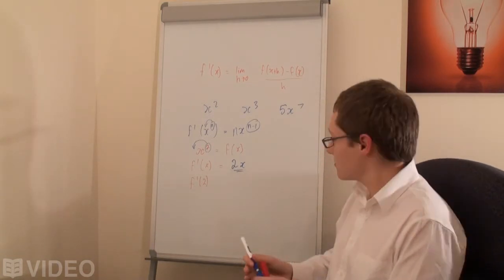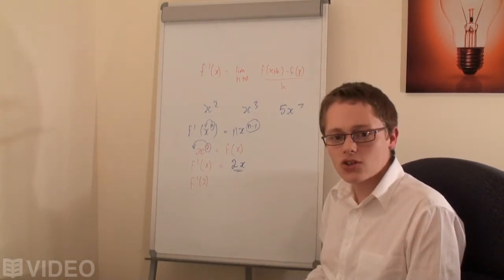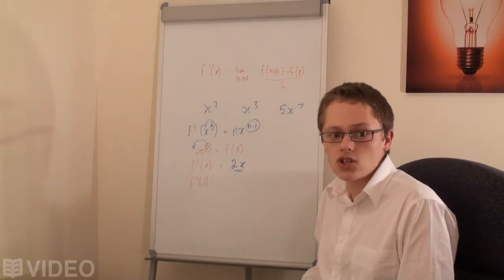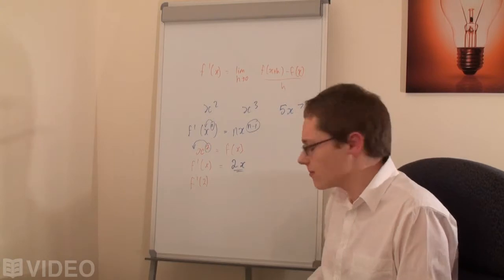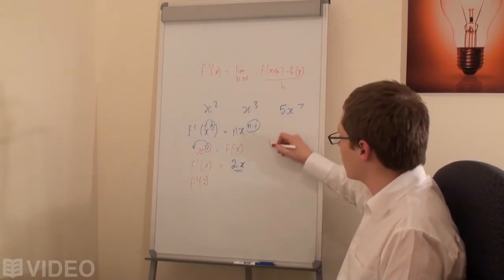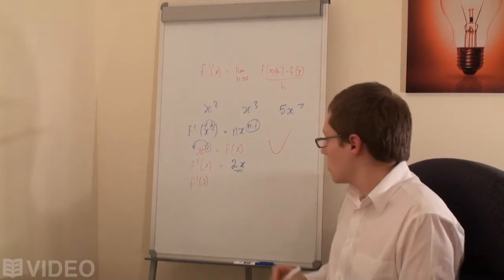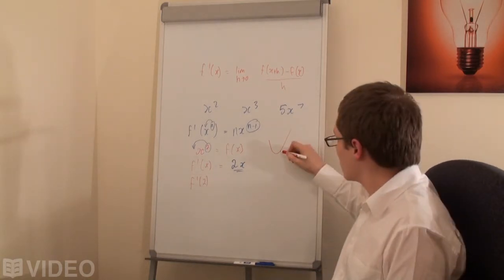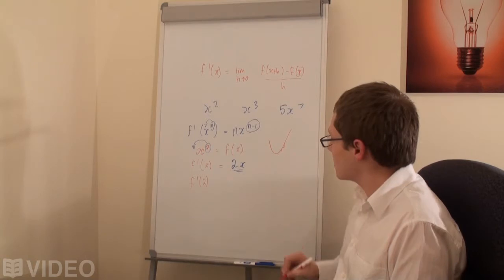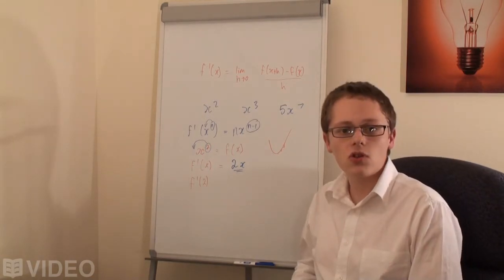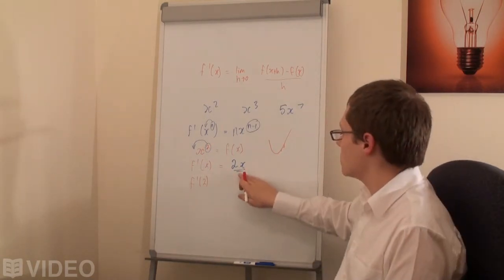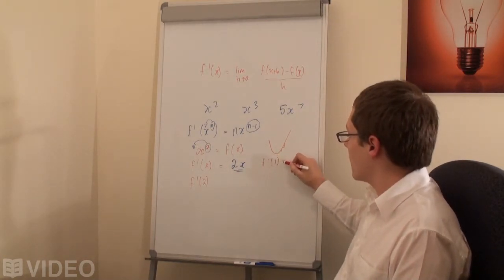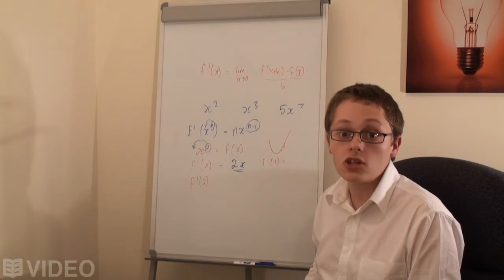And when you think about it, does this make sense? It's always good to assess your answers and think, well, is this logical, or am I completely off? Let's think about the parabola x squared. We know that it's definitely not linear, and we know that the rate of change is increasing, so it's logical to assume that this may possibly be 2x, because if we were to look at the f prime of 1, it would be 2 times 1, which is 2.